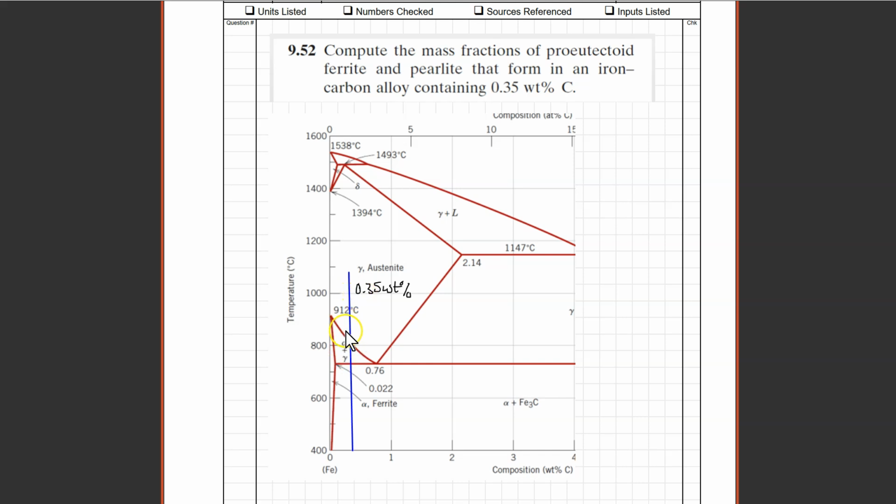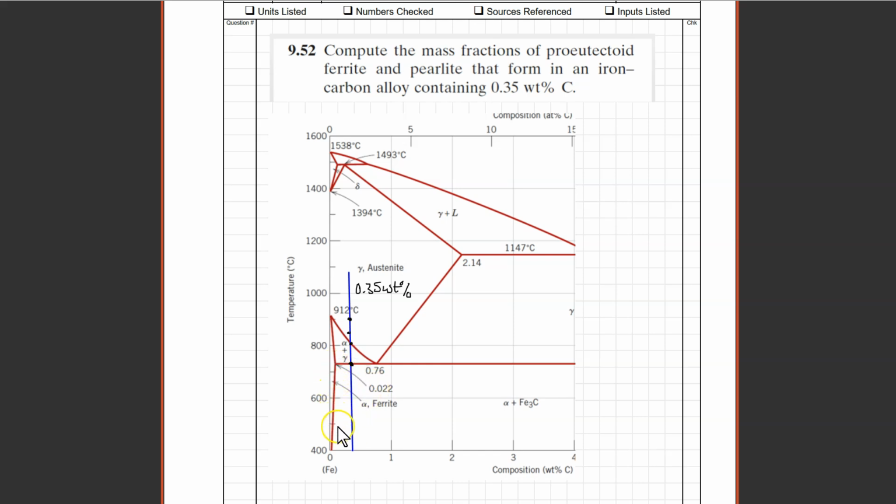iron carbon alloy. So as we cool the austenite, okay, we're going to hit this phase boundary here where we're going to start to see the formation of alpha. As we cool further down, we're going to assume the cooling rate is such that we form pearlite and that there isn't enough time for further separation or further development of the microstructure.